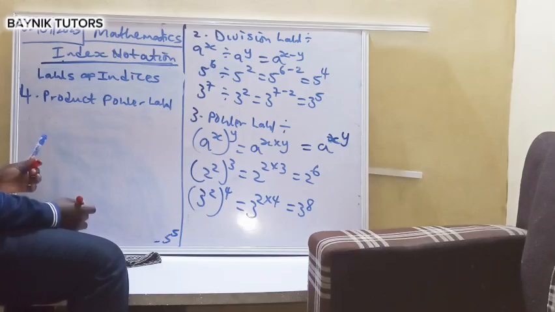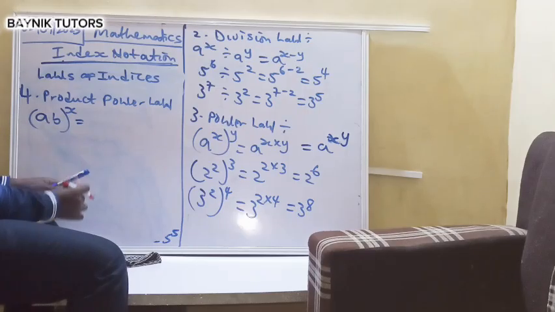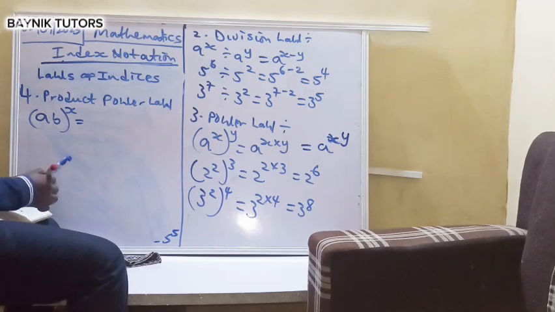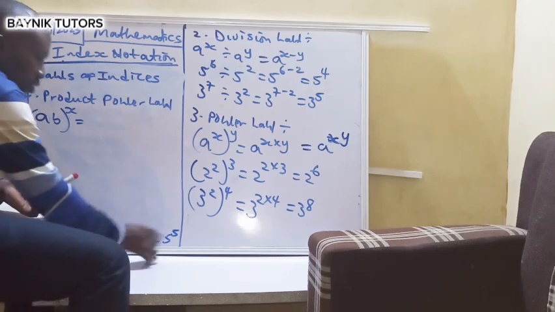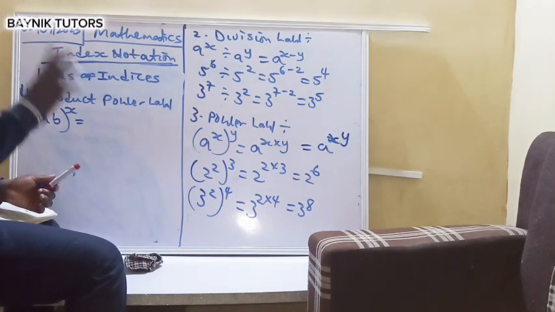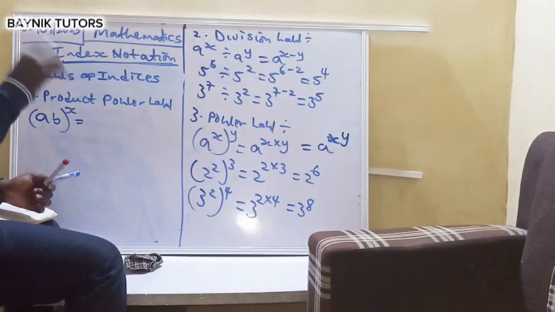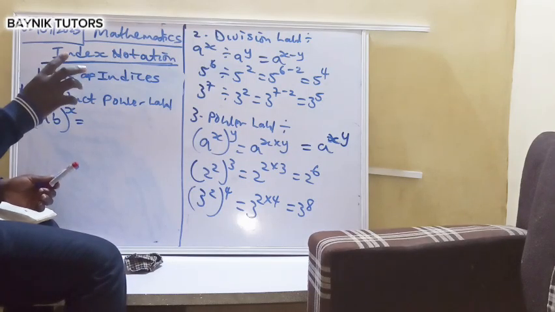For the product power law, if we have a raised to power b, raised to power x. In mathematics, if you have a base that does not have a power, we know that base has power 1, because in most cases a coefficient of 1 or a power of 1 is not always visible.